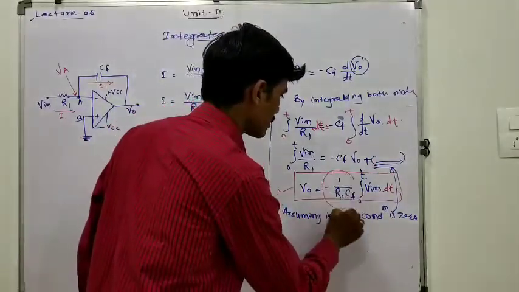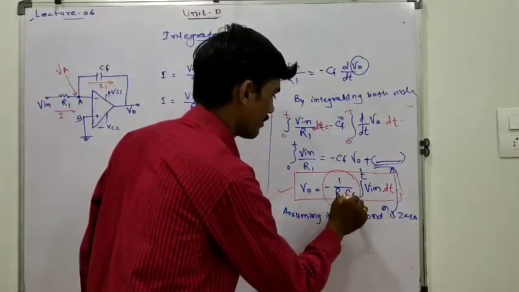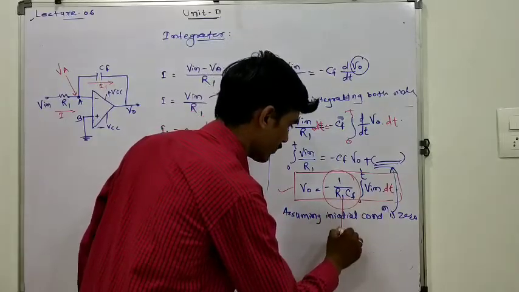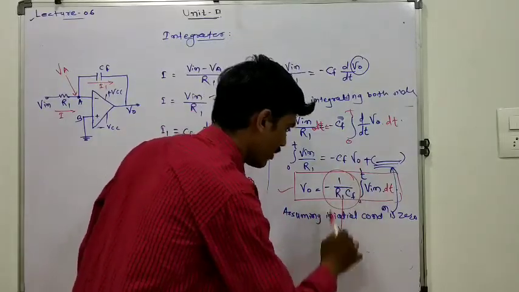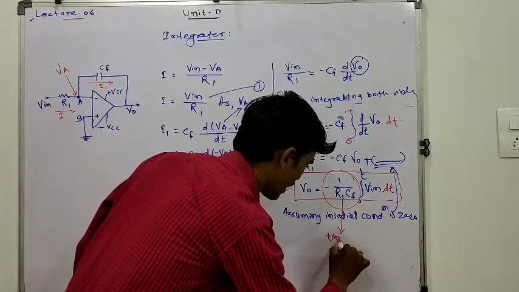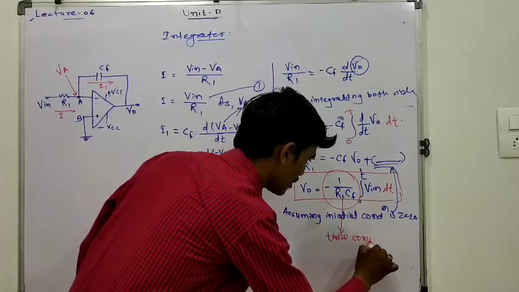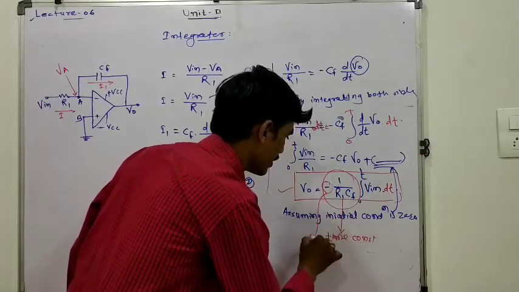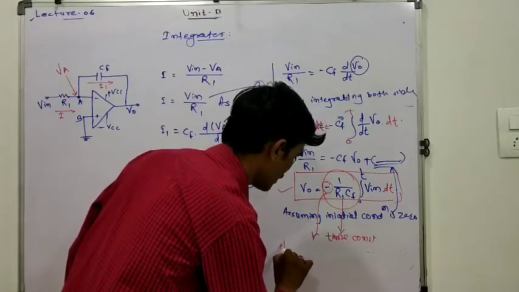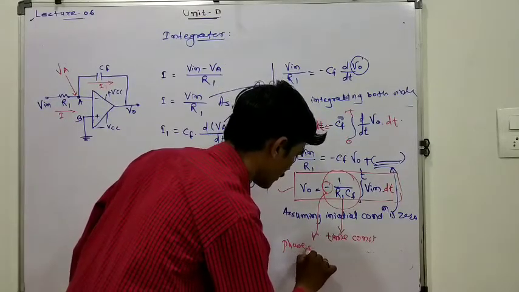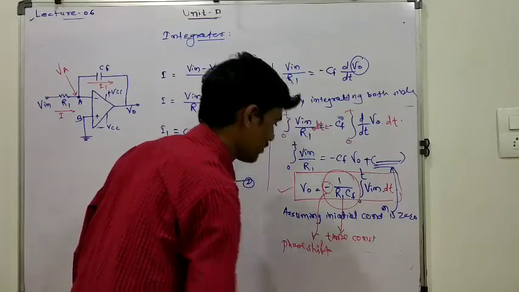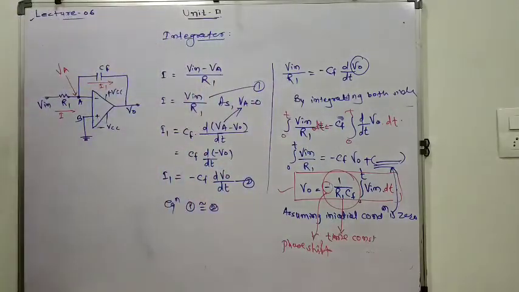Here this 1 upon R1 CF value is called a time constant, and this negative sign indicates the phase shift by 180 degree. That is input and output will be shifted by 180 degree.